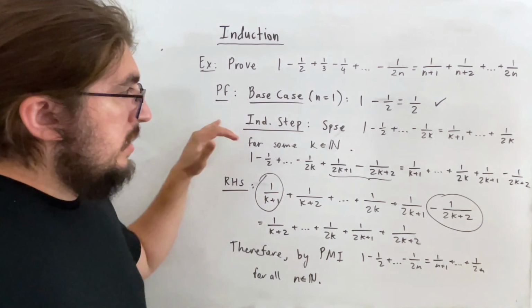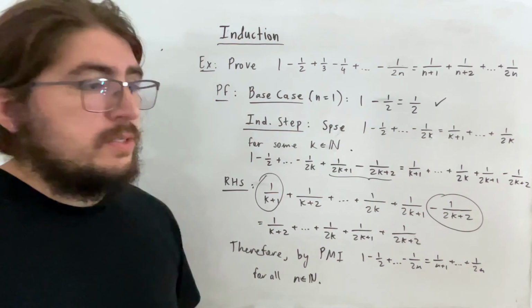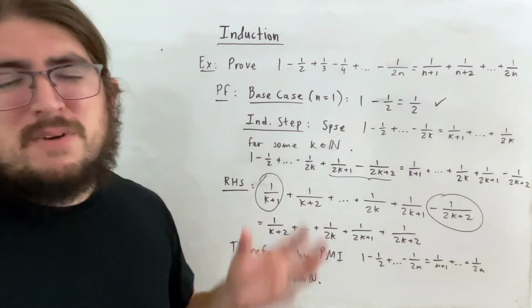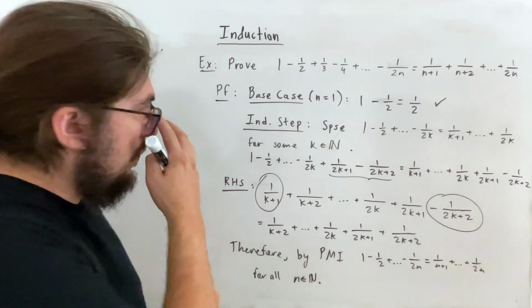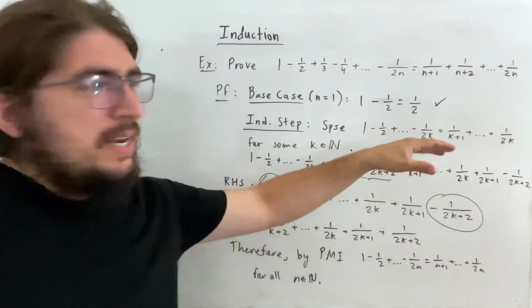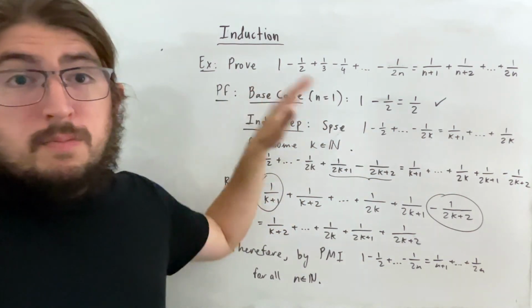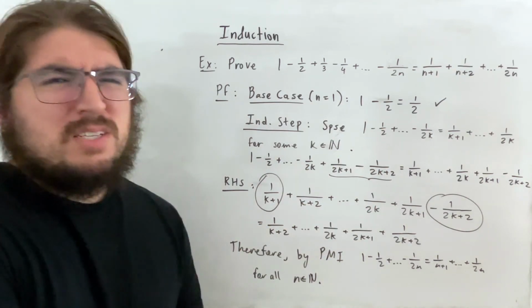And then the induction step will show that assuming the kth term is true, the k plus 1 term is true. Now, in reality, strong induction is kind of the same, because assuming this is true for some arbitrary k, we're kind of saying it's true for every term before, from the base case up to that kth term anyways. So it's something to think about.